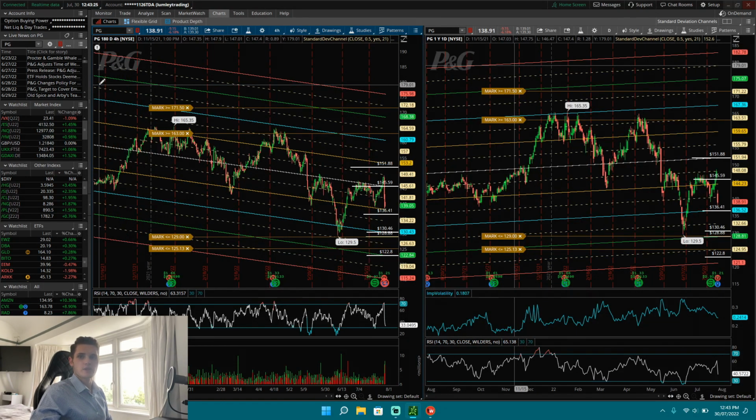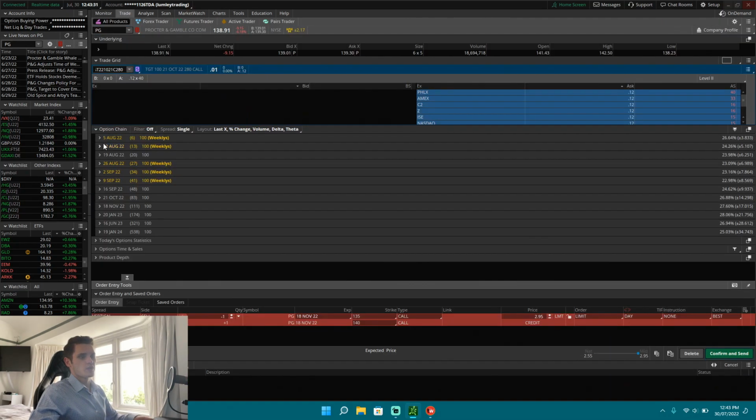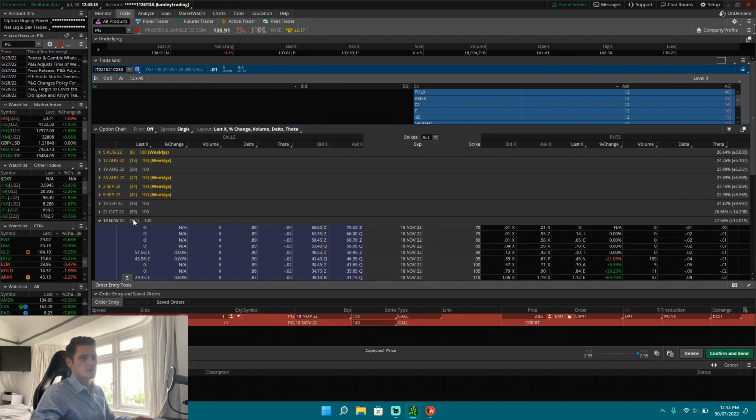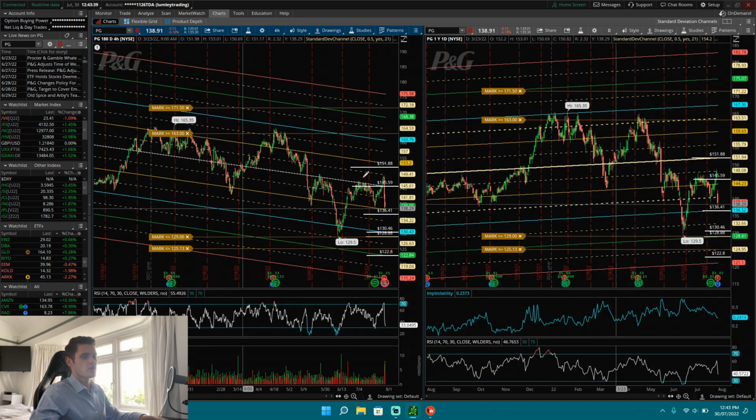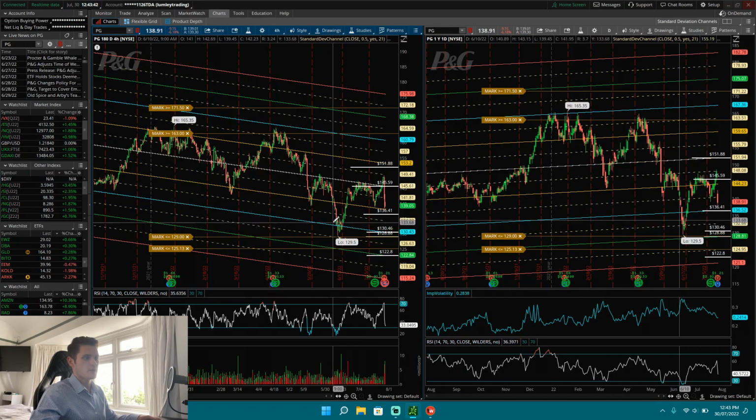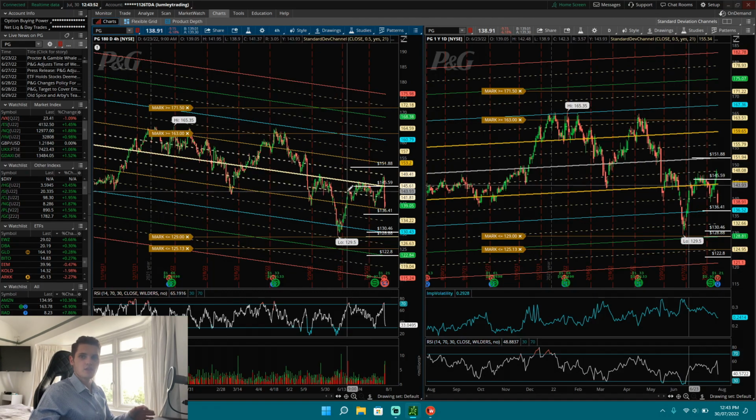That may not always seem worth it, but the benefit of trading like this in this kind of market is that we have, in this case, 111 days to expiry. As long as our stock rises above where we bought it within those 111 days, you'll usually be in profit.